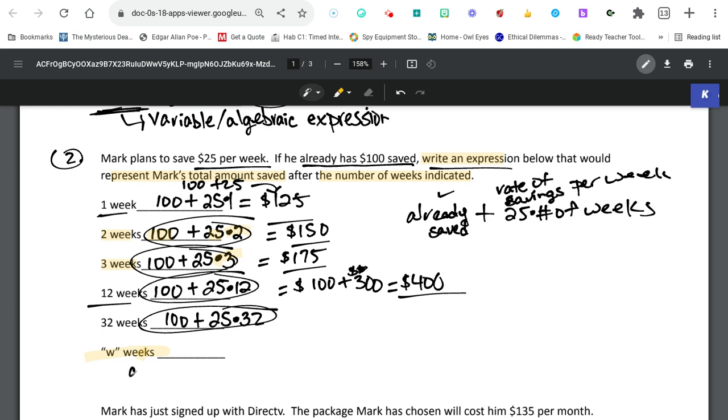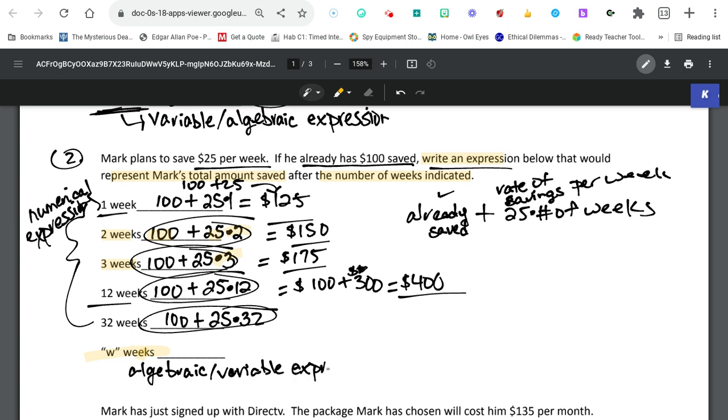And where all of these are numerical expressions because they involve numbers and operations, this final expression will be what we call an algebraic or variable expression because it has a variable in it. And that's ultimately what I'm trying to learn. So I'm going to take the same setup.